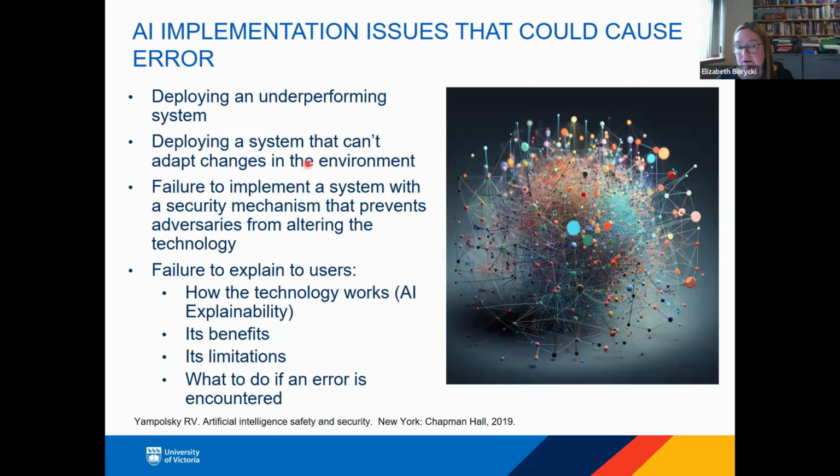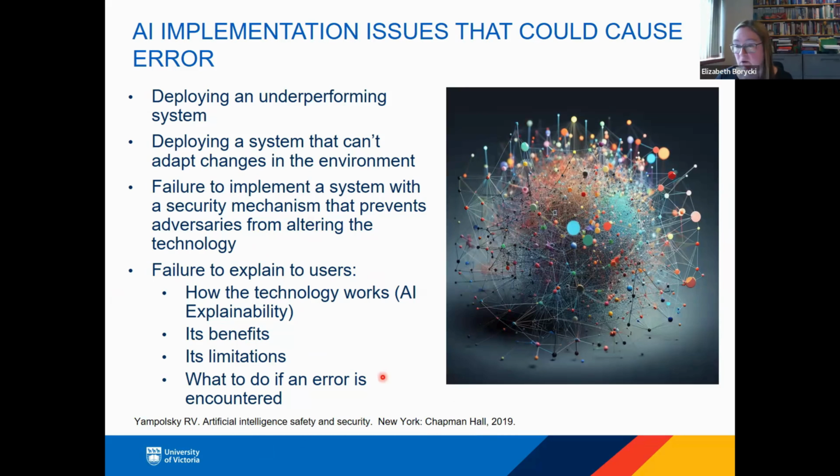So other things that are considered important are addressing security mechanisms for the systems, so that we don't have tampering that takes place with the technology. We also need to consider the users in terms of their ability to understand how the technology is used, its benefits, its limitations, and what to do when an error occurs.